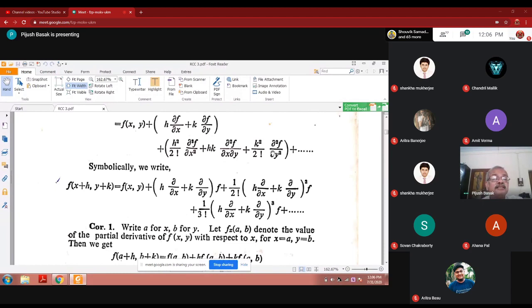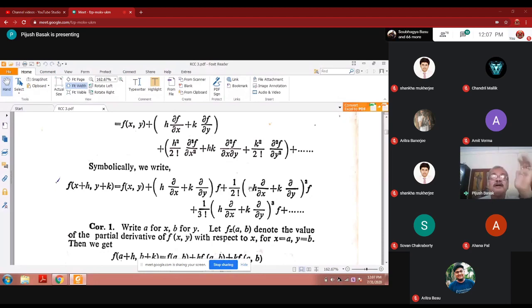Symbolically, we can write f(x plus h, y plus k) is equal to f(x, y) plus h del del x plus k del del y of f, where f is taken common, so it can be taken out. It's very simple. If you just take it in, it will be del f del x.